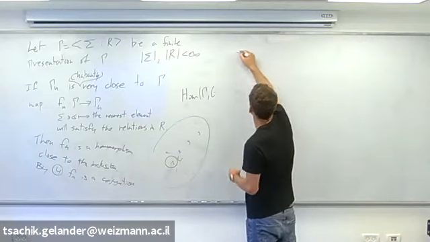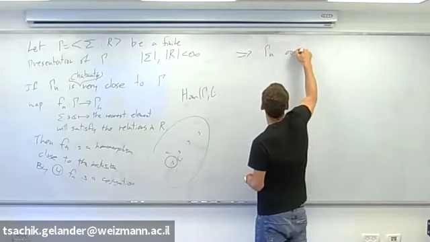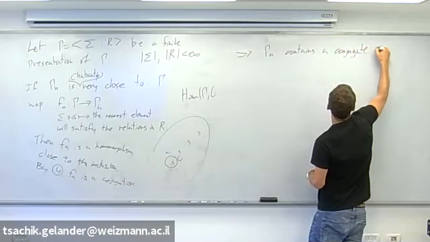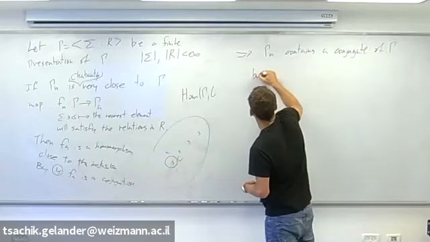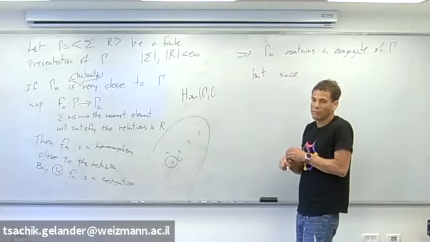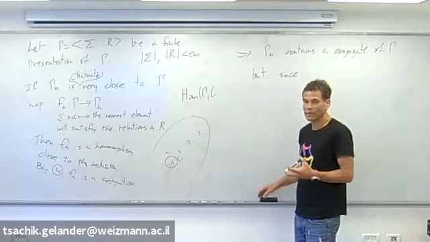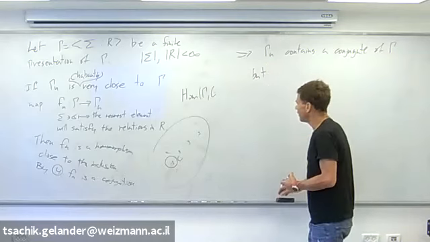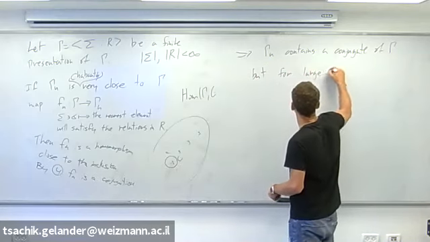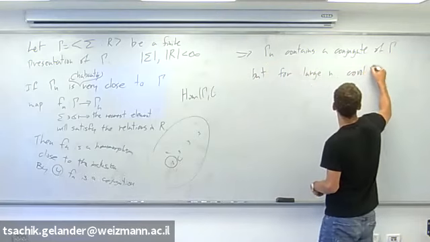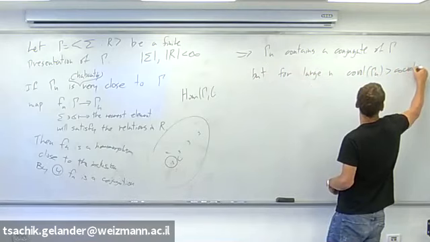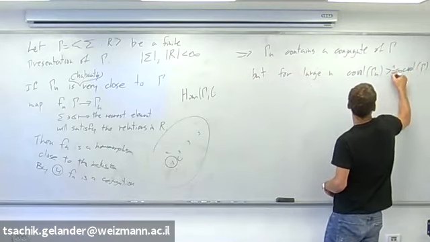this implies that gamma n contains a conjugate of gamma, but if it's not equal, then for large n, the co-volume of gamma n is bigger than, let's say, half of the co-volume of gamma.